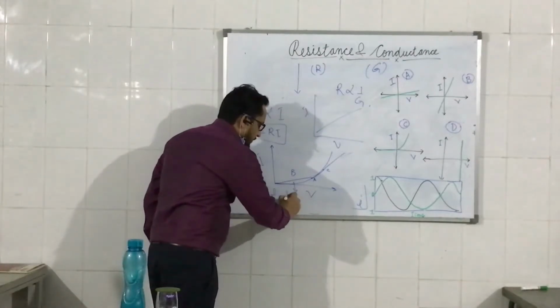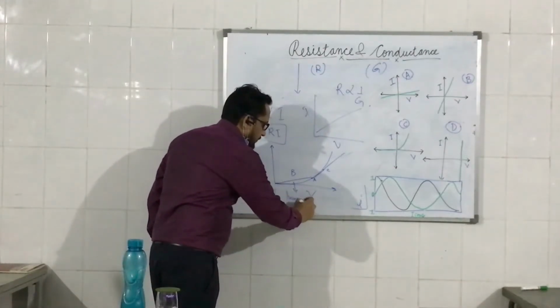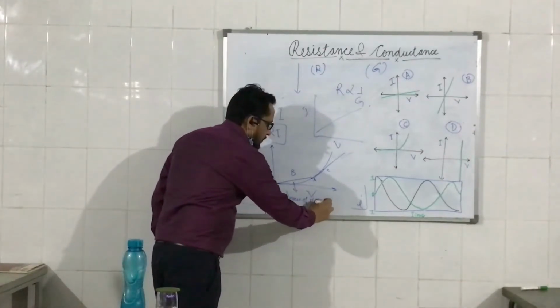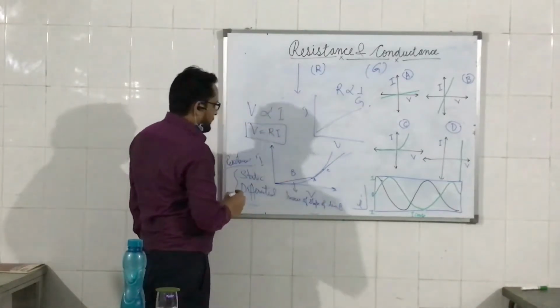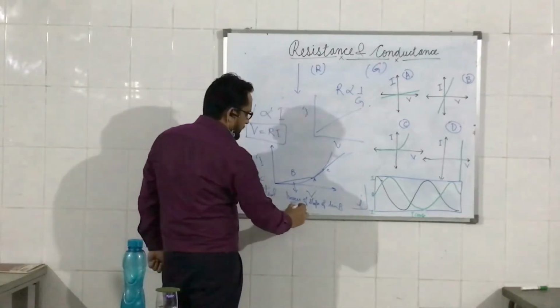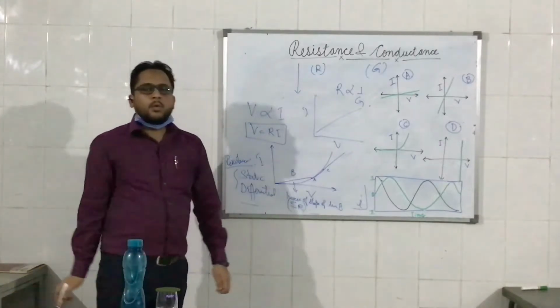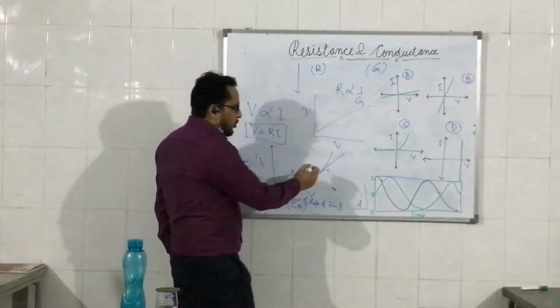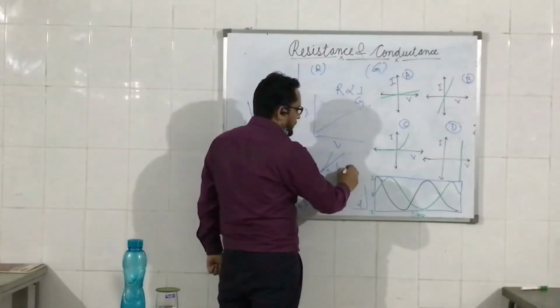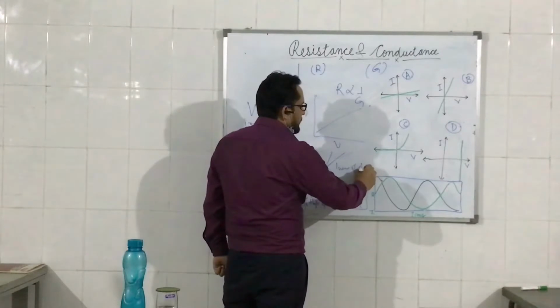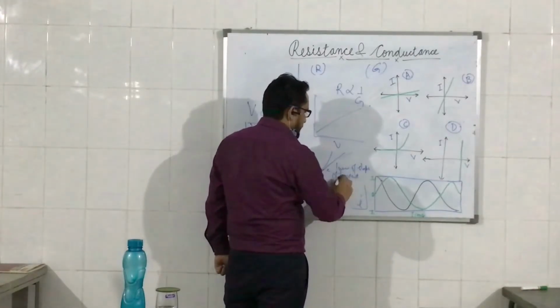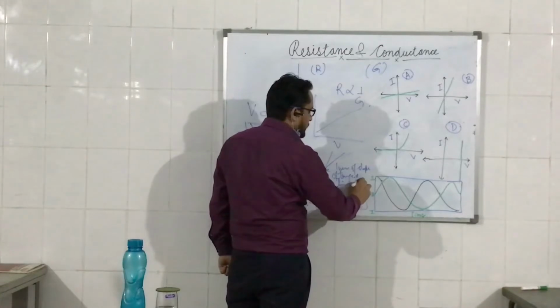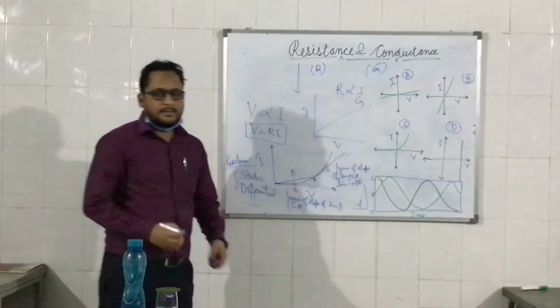The inverse of slope of line B is equal to the static resistance. While the inverse of slope of this tangent line is equal to the differential resistance.